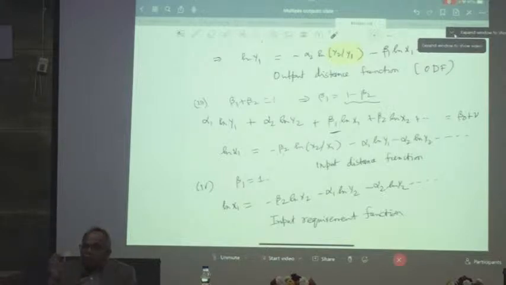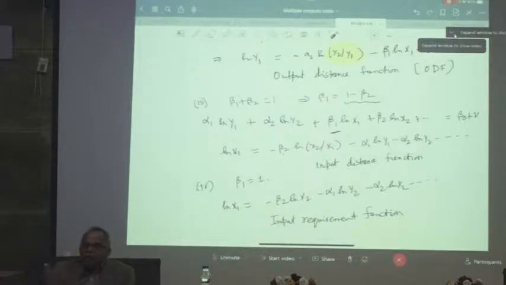So again, the question is, can you do one at a time? If somebody says, can I look at wheat and estimate a production function using wheat and all the input quantities? No, that would be wrong, because the inputs are not specifically used for the production of wheat. The inputs are used for the production of tomatoes and potatoes also, because I don't know the exact amount of these inputs that go to different types of outputs.